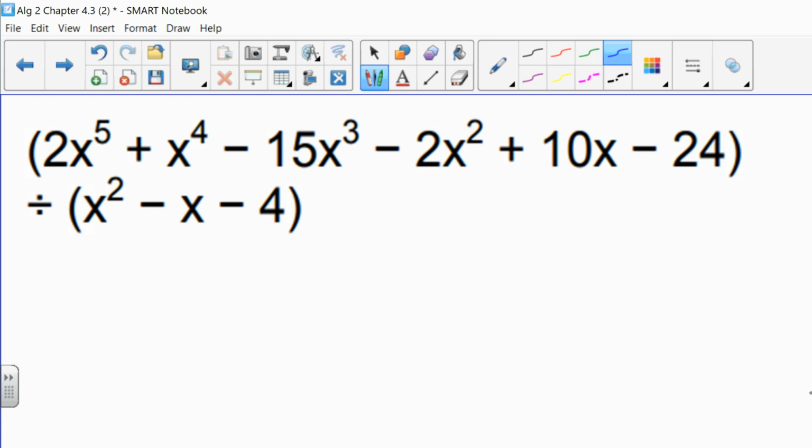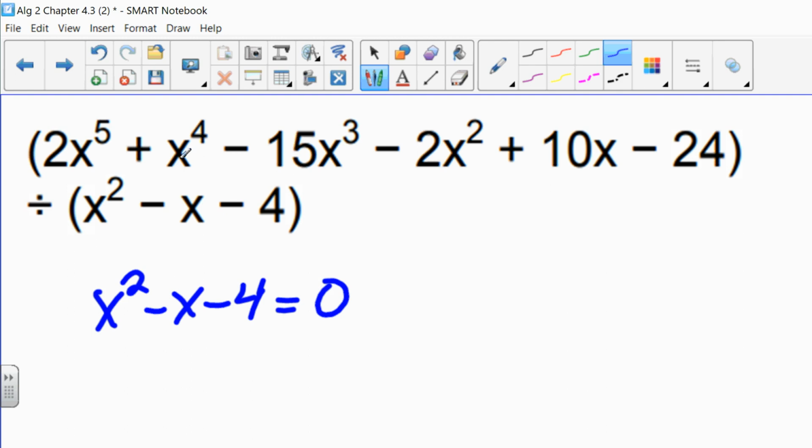I think I missed one. This one. Let's look at this one. Because it is not a binomial, it's now a trinomial. Now with a trinomial, we want to get x squared by itself.